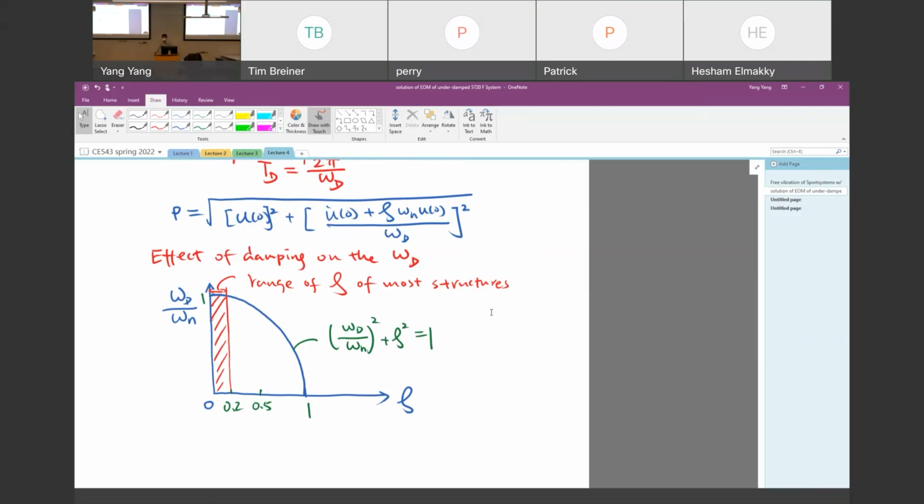Is omega d larger than omega n or smaller than omega n?